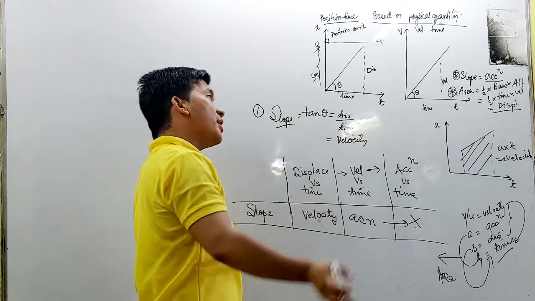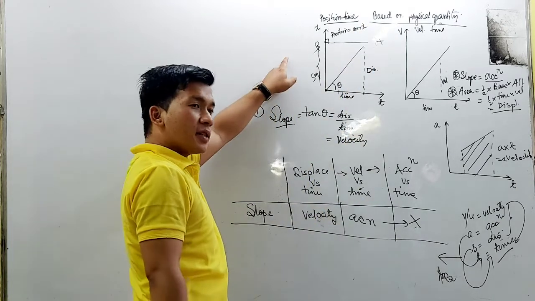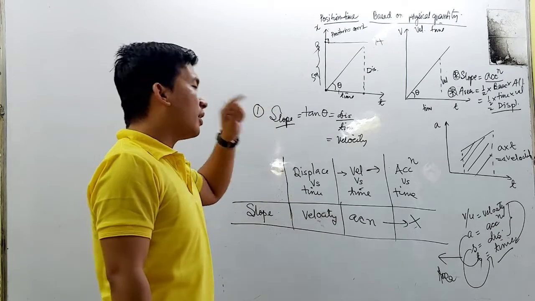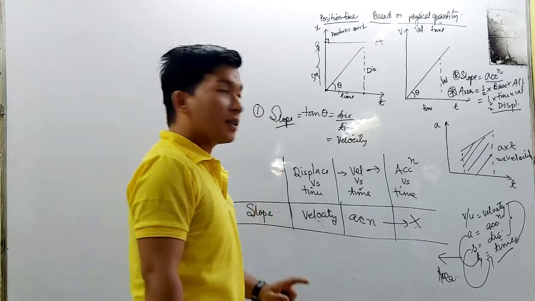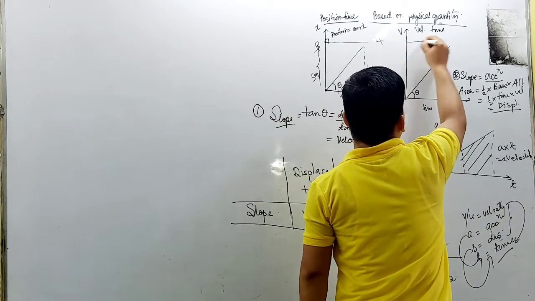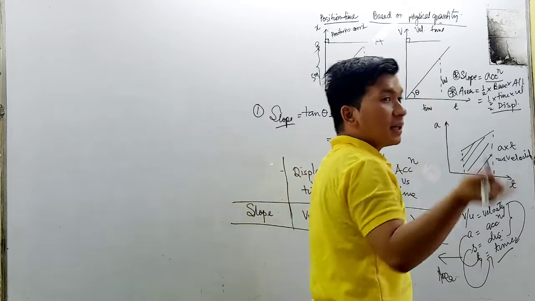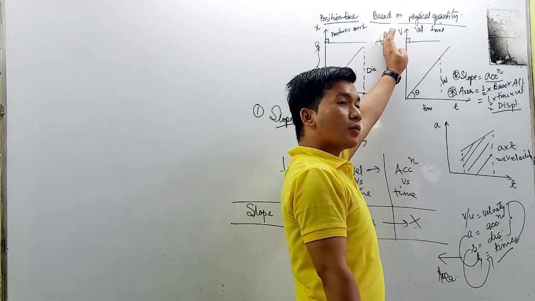If the graph is perpendicular to the position axis, then position is the physical quantity and it will remain constant. If the graph is perpendicular to the velocity axis, velocity doesn't change with time; velocity will be constant.